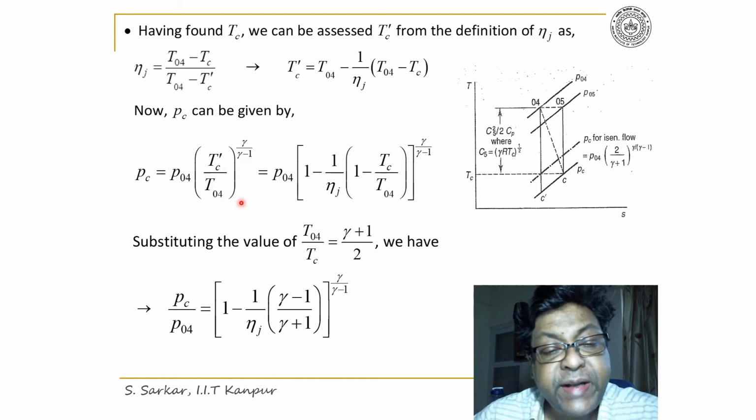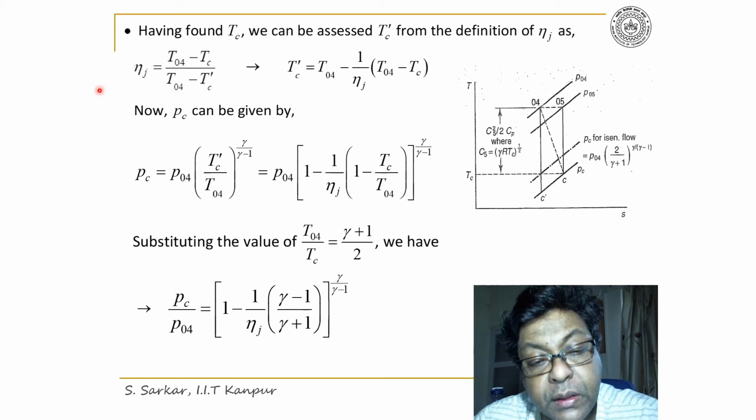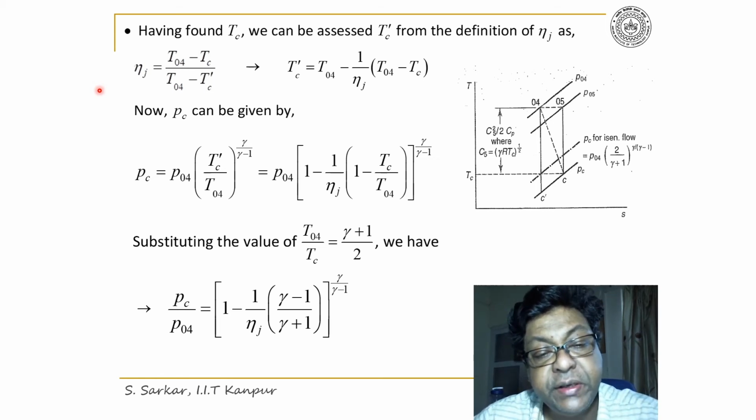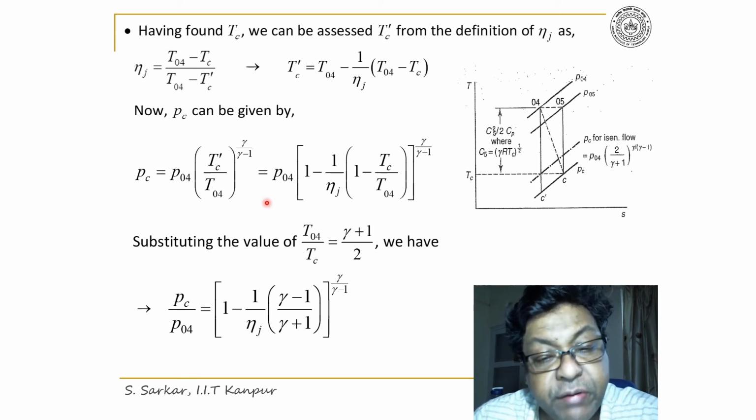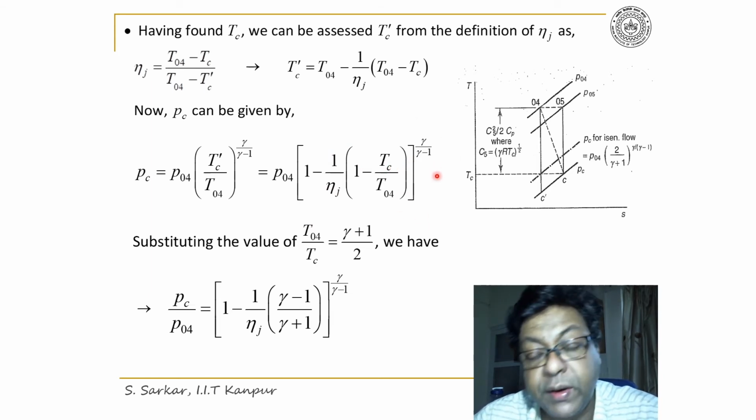Now, Tc dash and T04 can be related with eta J, that is nozzle efficiency. Thereby, I can write Pc is equal to P04 within the bracket 1 minus 1 by eta J into 1 minus Tc by T04, to the power gamma by gamma minus 1.